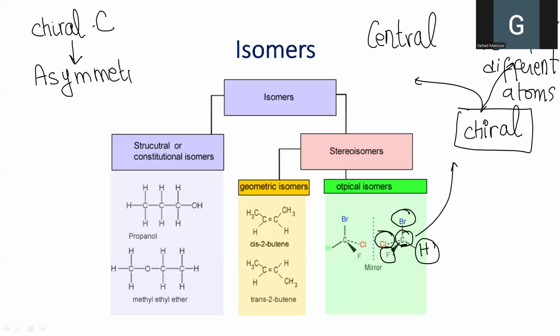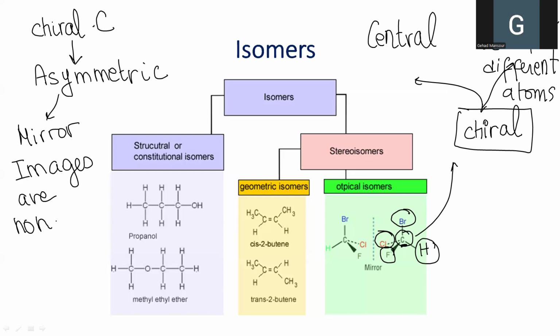And if we have an asymmetric molecule, then the mirror images are non-superimposable. We said before that they cannot change their position if they are crystalline. But what happens if they are not crystalline?